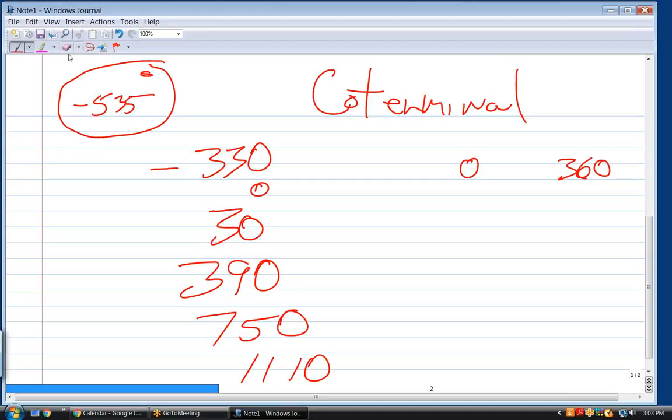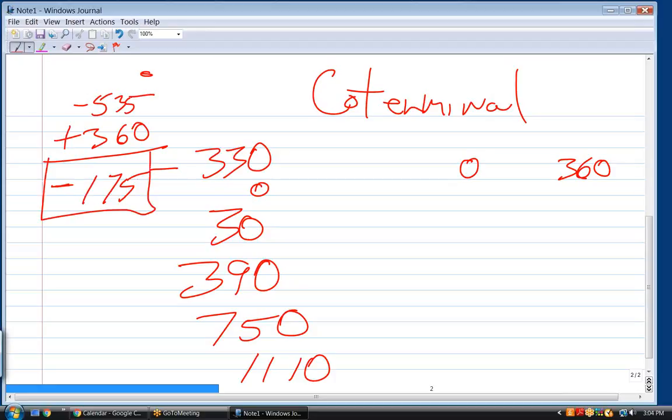So how am I going to find that? I would add 360, right? Okay, let's try that. If I add 360 to that, I get minus 175. Is that in the unit circle? No, so I'd have to add another 360. Correct.